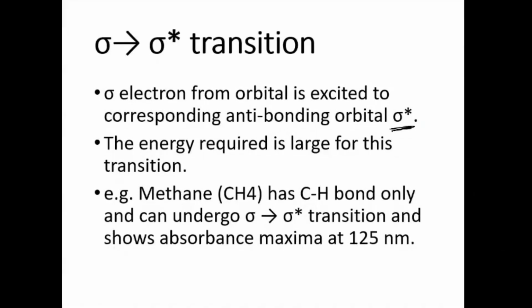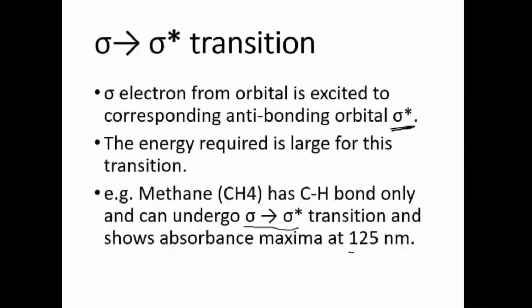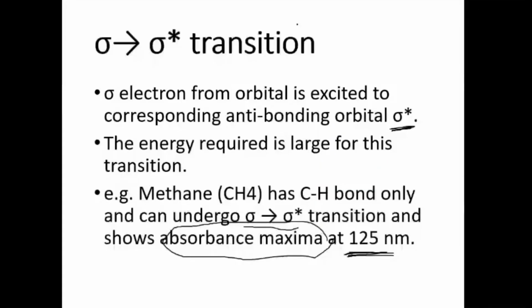For methane, CH4, it has C-H bonds only, so you have the sigma to sigma star transition, and you will get absorbance maxima at 125 nanometer. Now there is one concept here. Suppose there is one molecule like methane, and the UV range is 190 nanometer to say 400 nanometer.